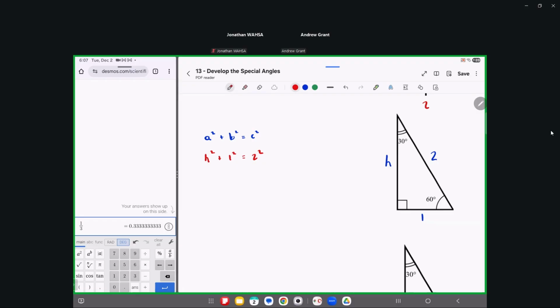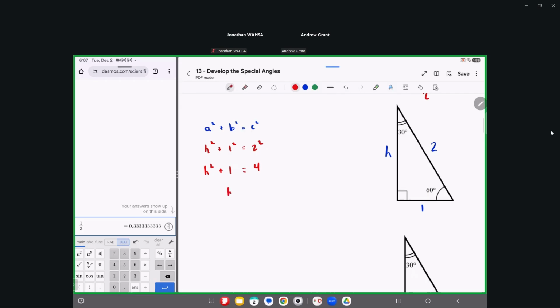So substituting those values, we have h squared plus 1 squared equals 2 squared. 1 squared is 1, and 2 to the power of 2 is going to be 4. Subtracting 1 from both sides, we have h squared is equal to 3. And if I take the square root of both sides, we find that h is equal to the square root of 3.